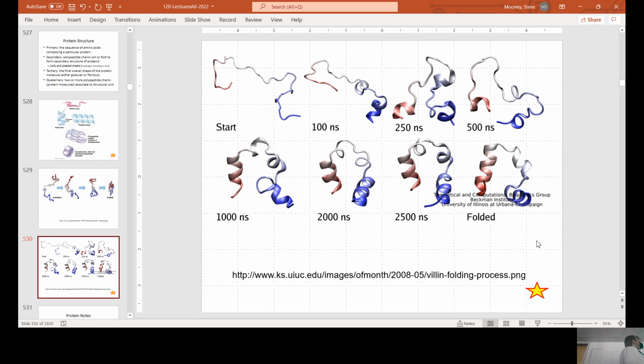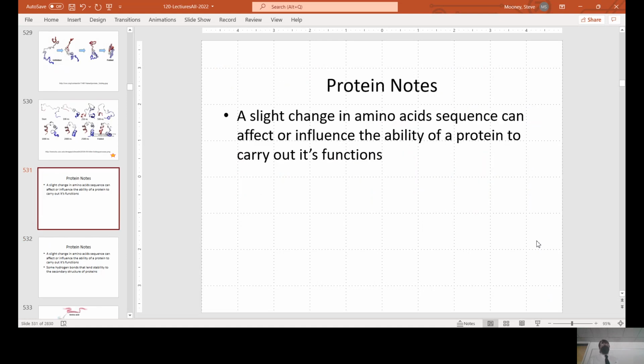So automatically, its reaction with water, its reaction with bodily fluids, creates our final shape, whatever that may be. A slight change in amino acids is going to change how that protein eventually folds up.